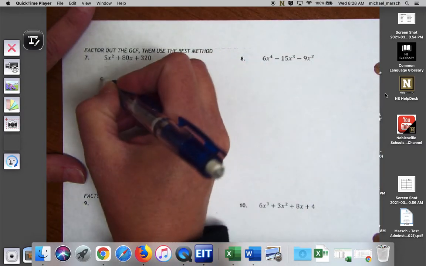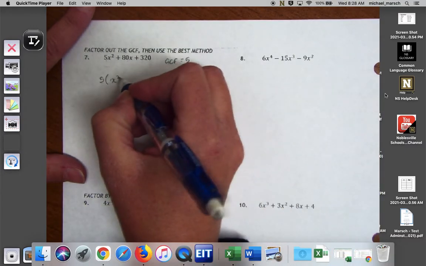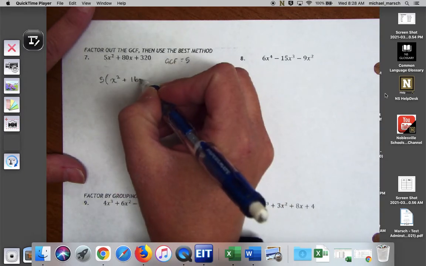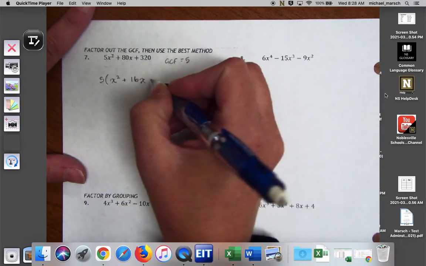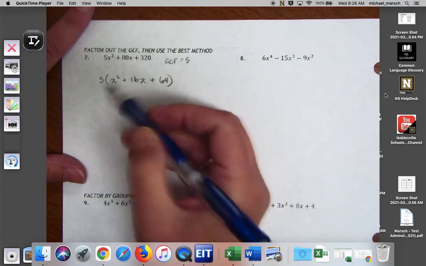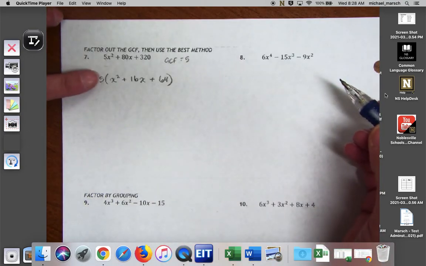So I'm going to take that 5 out, reverse distribute, so 5 times x squared gives me 5x squared. 5 times 16x will give me 80x. And 5 times 64 will give me the 320. So now I'm going to ignore this 5.